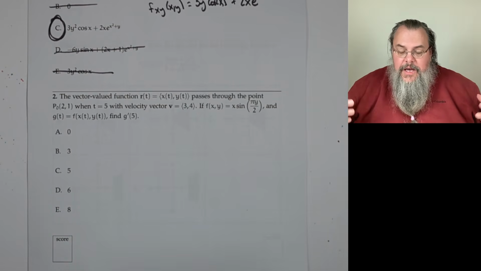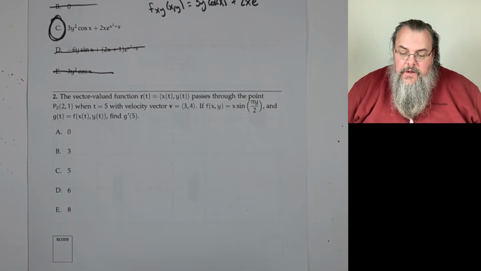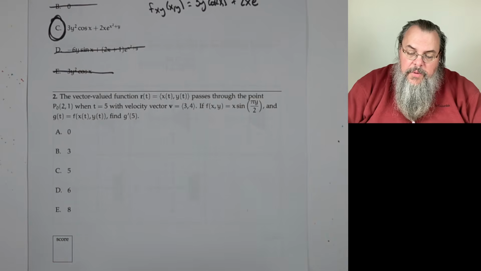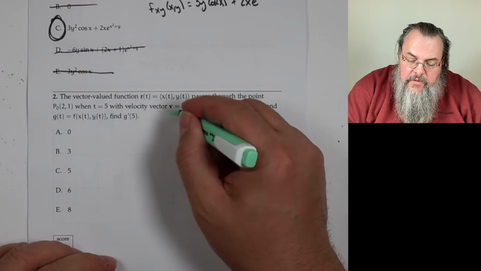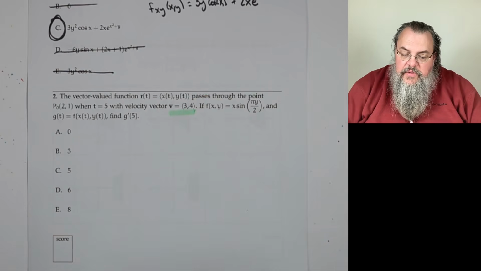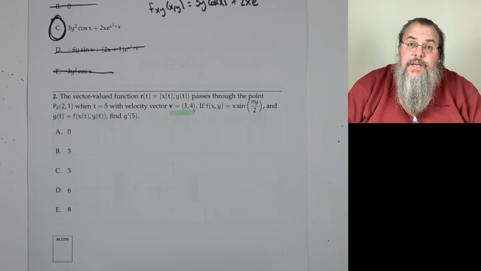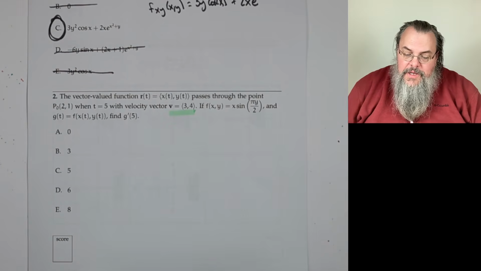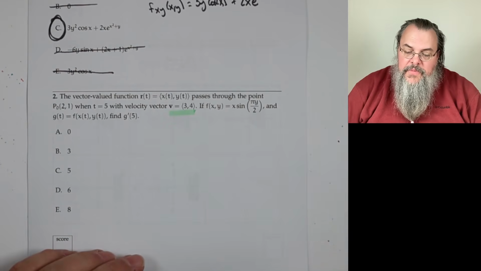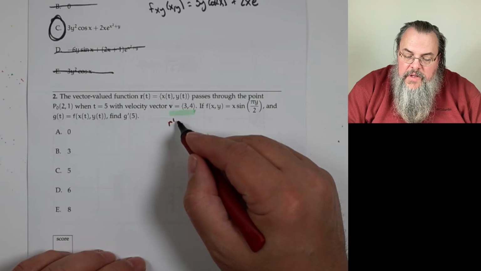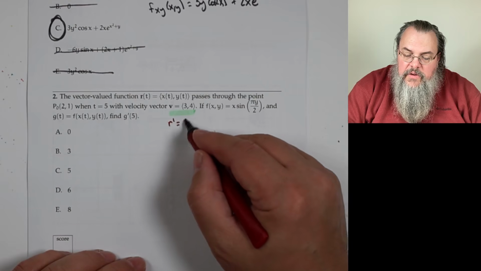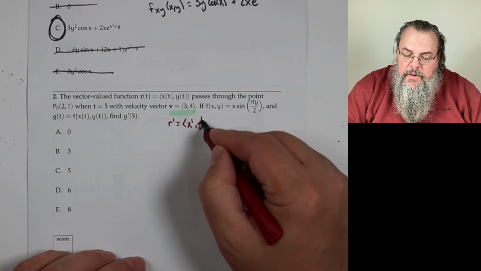And, okay, how can we start? Well, there's a few things. Let's remind ourselves, v. This really dates back to the previous exam. But what is v? Well, v is r prime. And we say, okay, so that says this is r prime. And what is that? Well, that's our x prime, y prime.